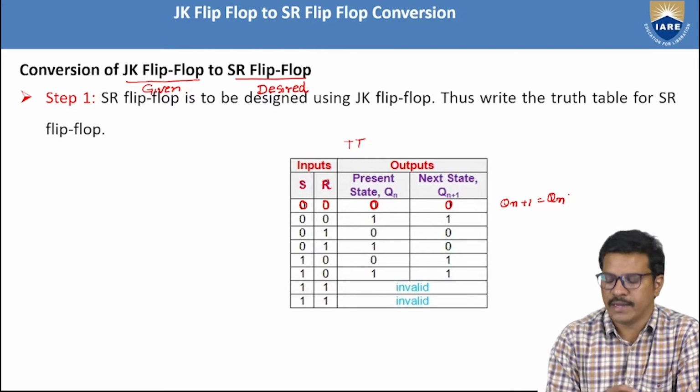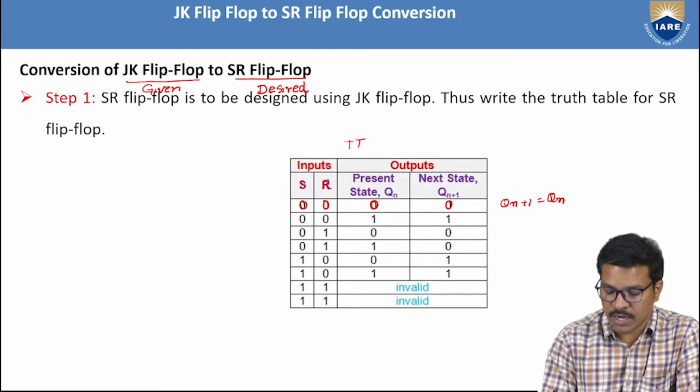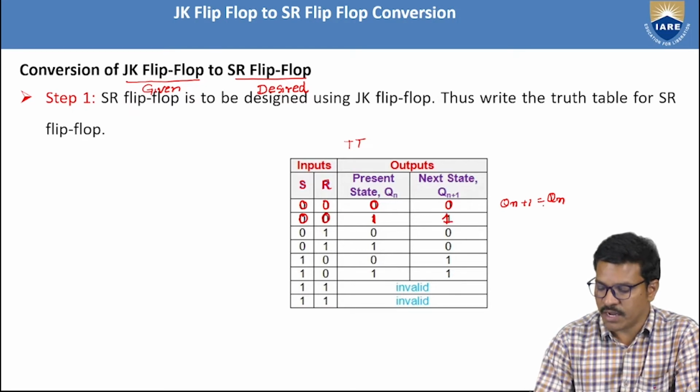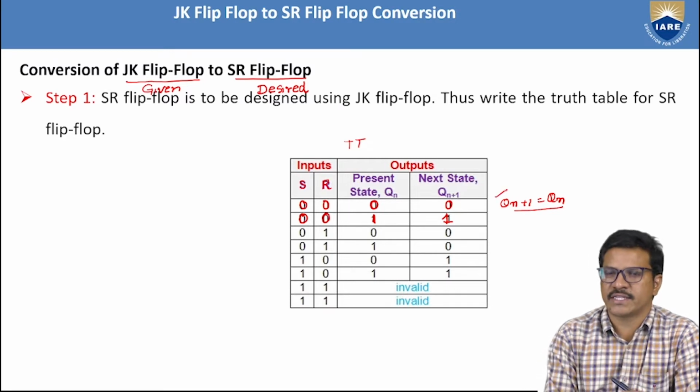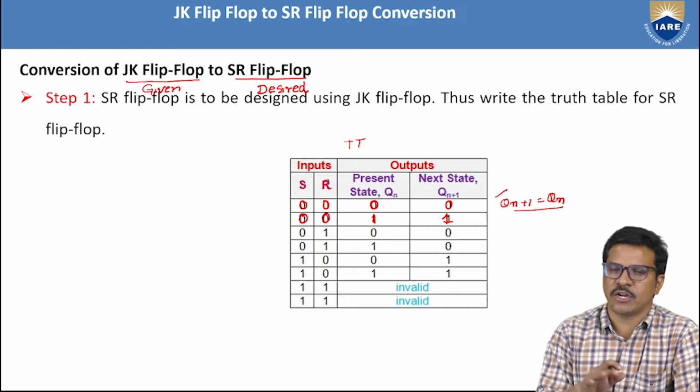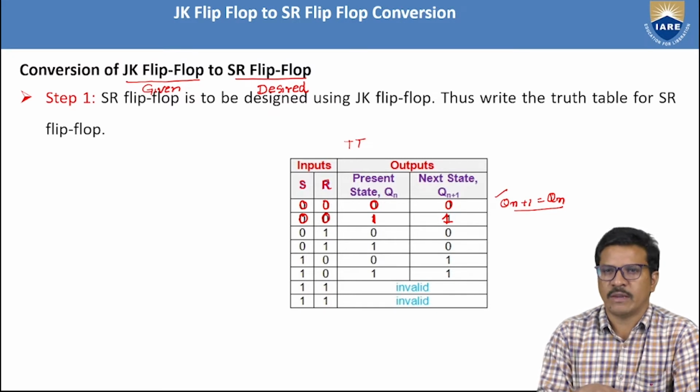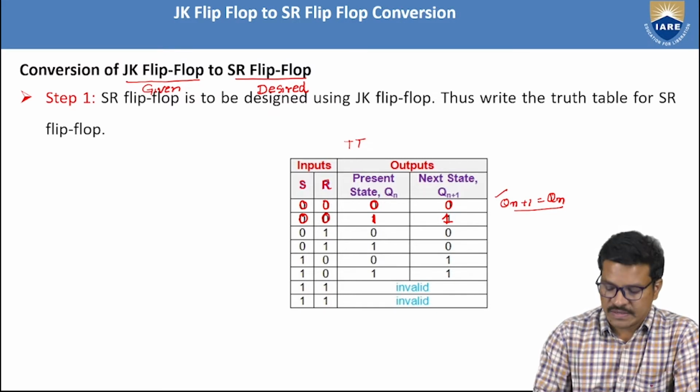We know that. If S is 0 and R is 0 and the present state is 1, the next state is also 1 because it follows this condition. The next state equals the present state, nothing but an unchanged state, when both inputs are 0, 0.